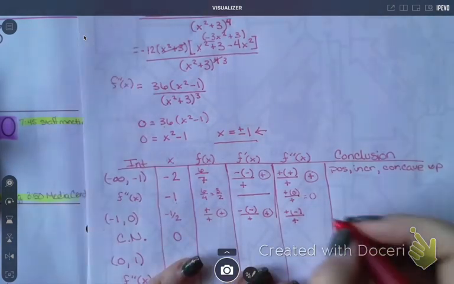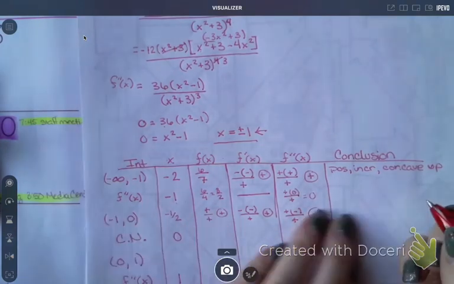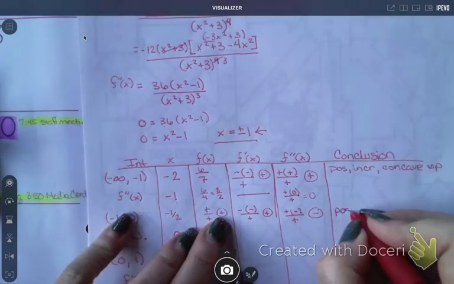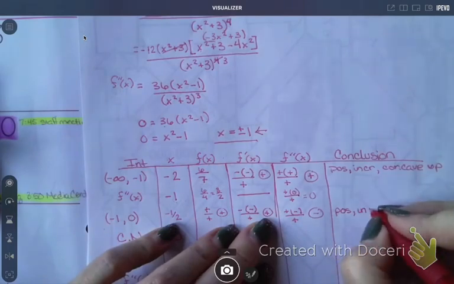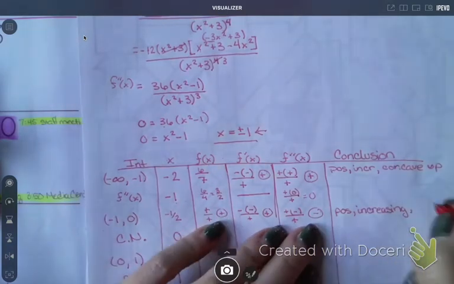So what's it going to end up being? Negative. So this line going across tells me that's positive, correct? It's what? Increasing. And it is concave down.